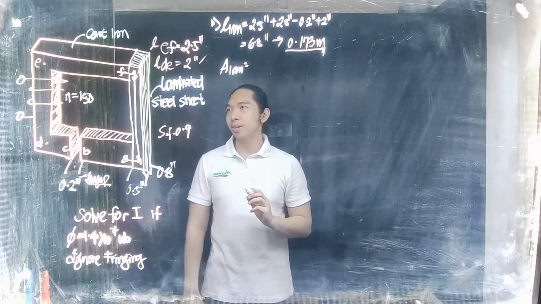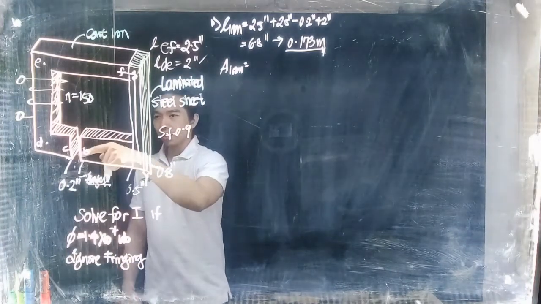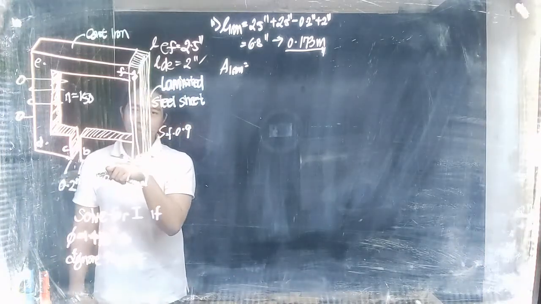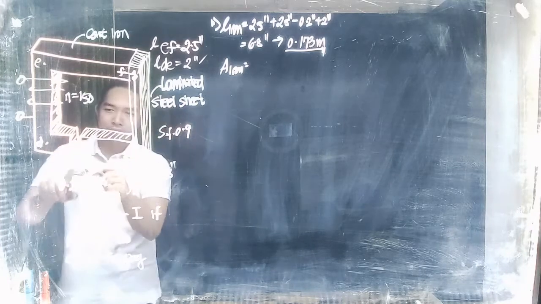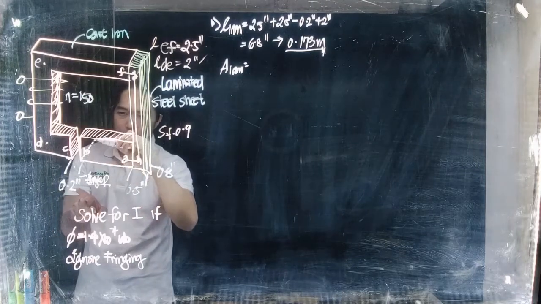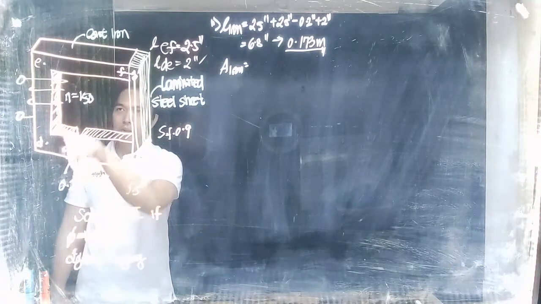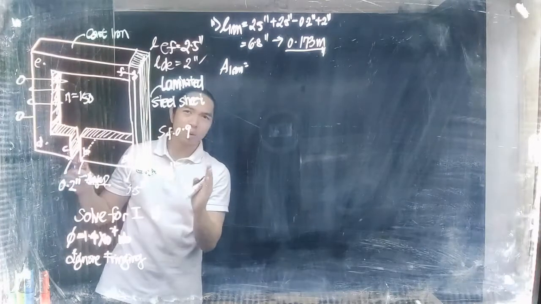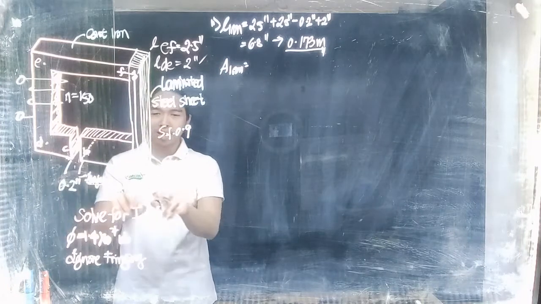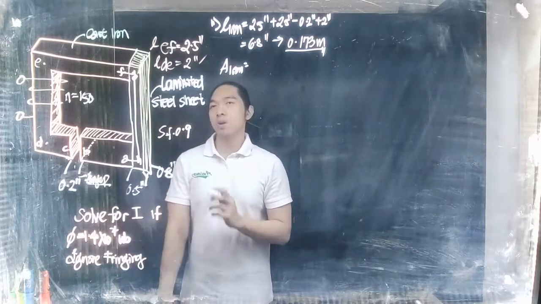How did we get that? This part is 0.8, and its width is 0.5. This part is 0.8, and since these two are symmetric, in my drawing it is not drawn symmetrically, but if you look at the figure on our slide, these two are equal and also 0.5. So that would be 0.8 times 0.5, and now we get the cross-sectional area of the iron.